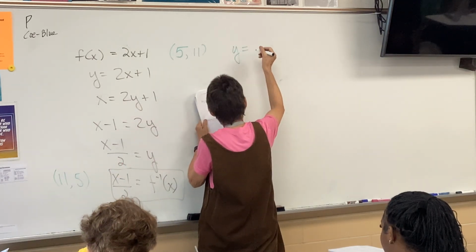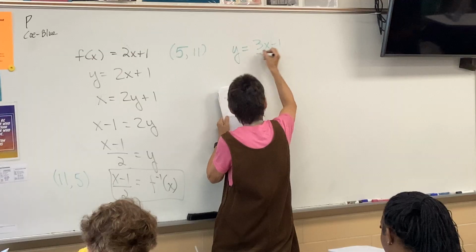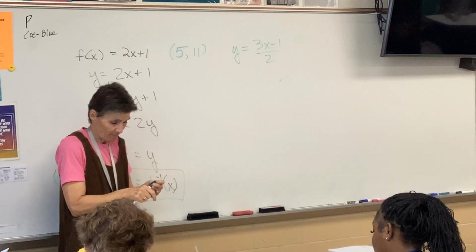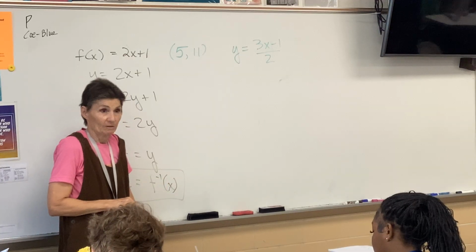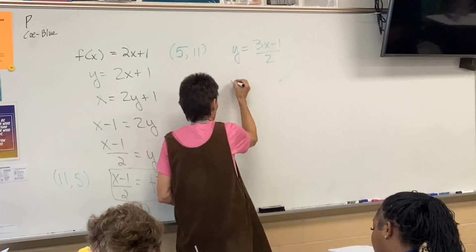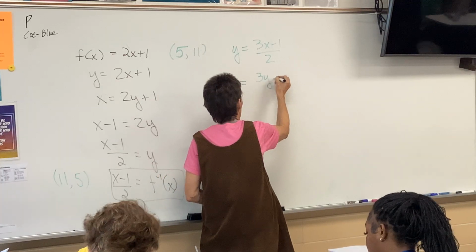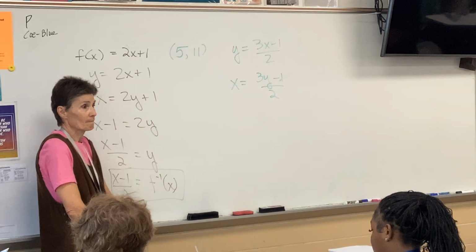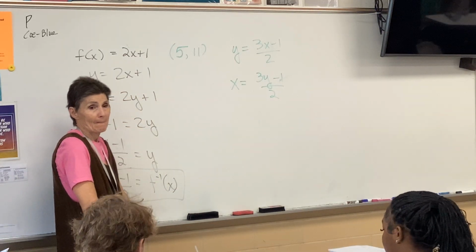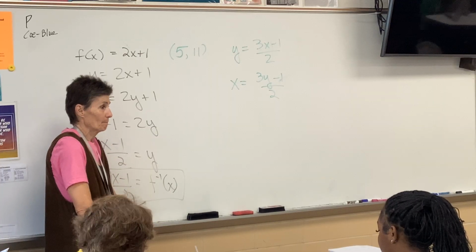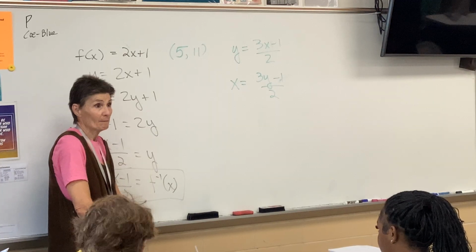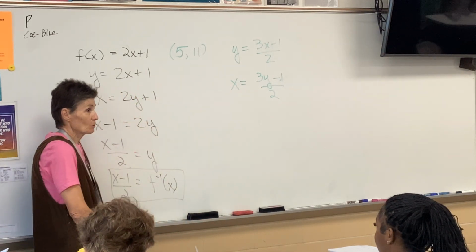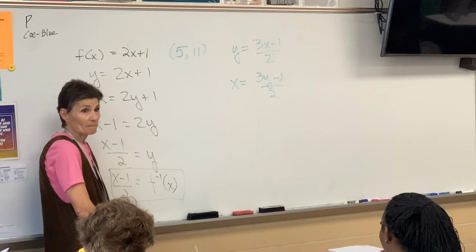All right, let's try the next one. I'm just going to go ahead and write y equals right from the start, okay? All right, who kept track? What is the next step? Flip x and y. So x equals 3y minus 1 over 2. And then what? Get the y by itself. So the first thing I'd have to do here, if I'm going to get y by itself, is times by 2.